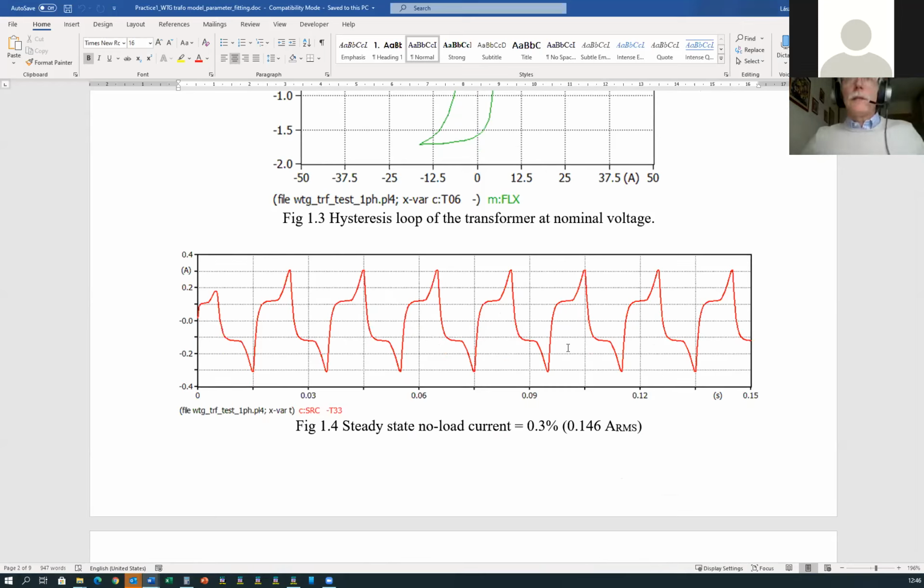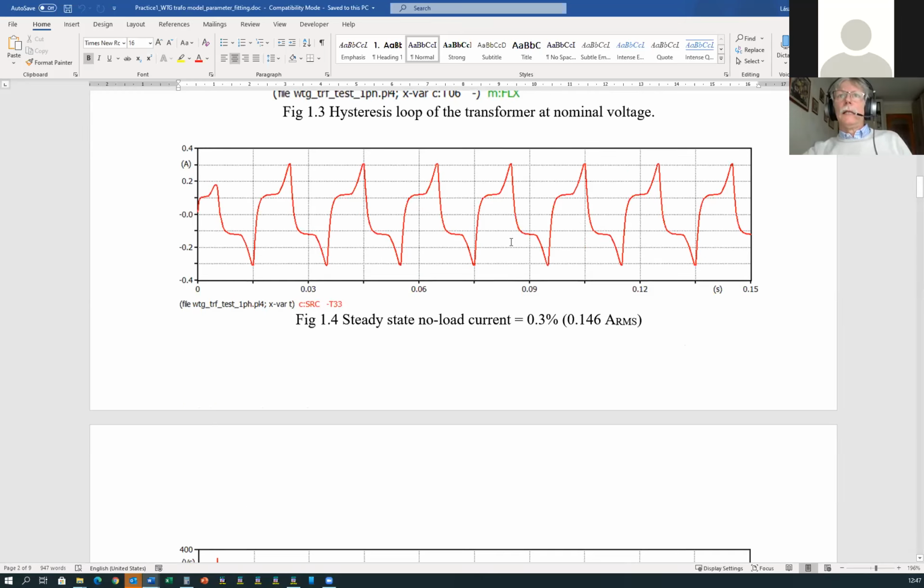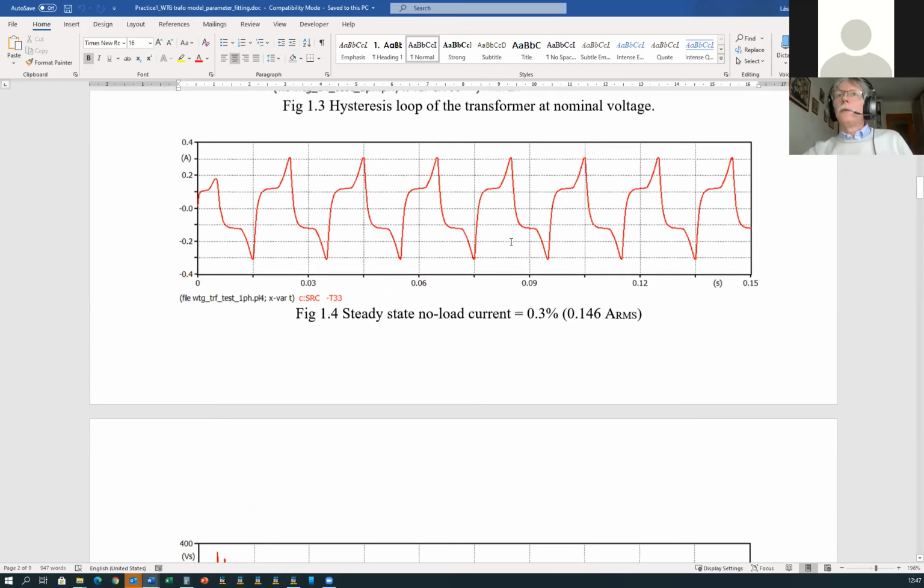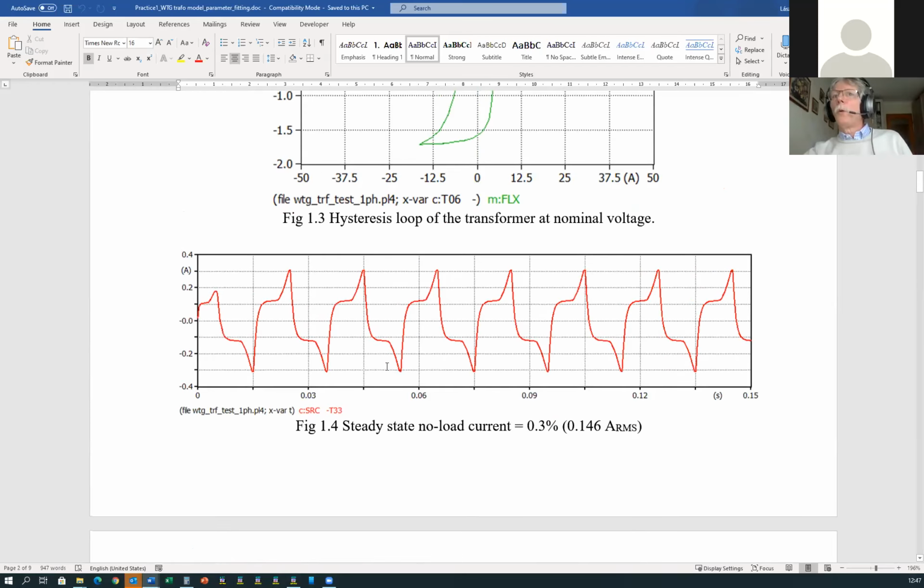I always suggest to apply some basic tests to check whether this model is appropriate and works as you expected. What does it mean? What you expect is to reproduce the no load current and to reproduce the short circuit impedance.